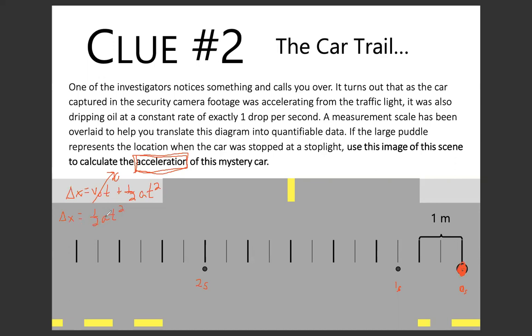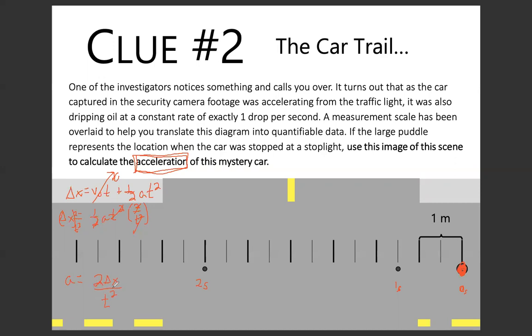And we want to solve for a. We want to calculate that acceleration. So we multiply both sides by 2 over t squared. And that gives us a equals 2 delta x over t squared.